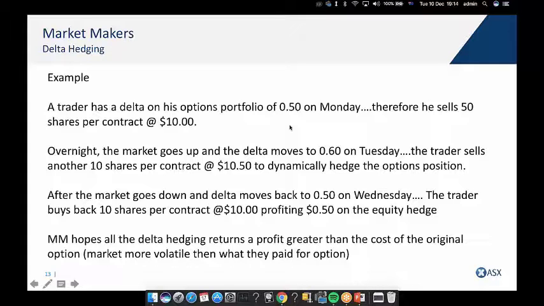In actual fact, through this delta hedging, the market maker is really trying to make more money out of that delta hedging transaction than what they originally paid for the option in the first place. They're trying to buy volatility low in that case and make more money out of the share trading. Whereas if they sold the option, they'll be trying to make more premium out of the market than they lose through their hedging transaction in that particular case. In all cases, those market makers are trying to buy low and sell high.